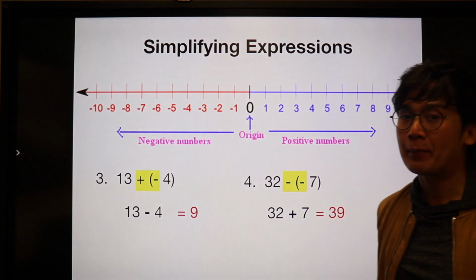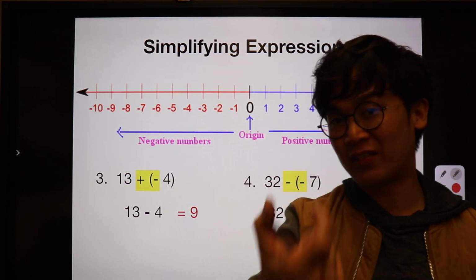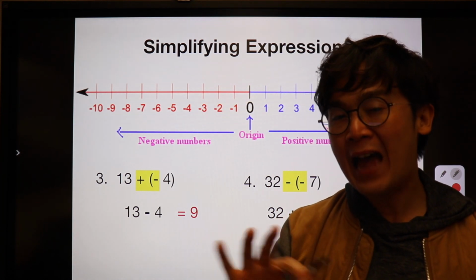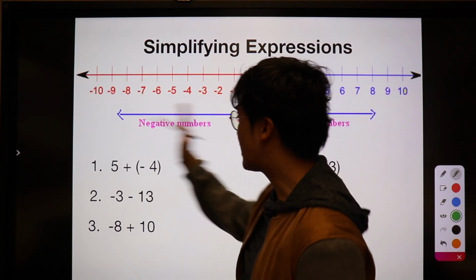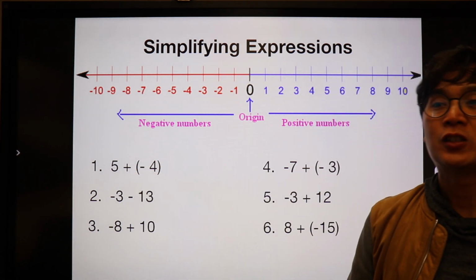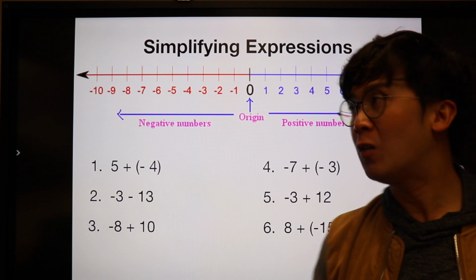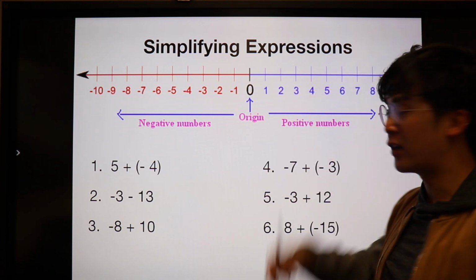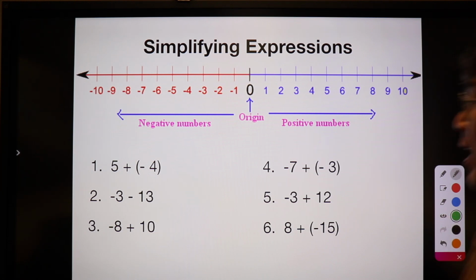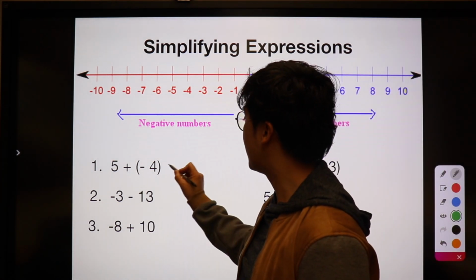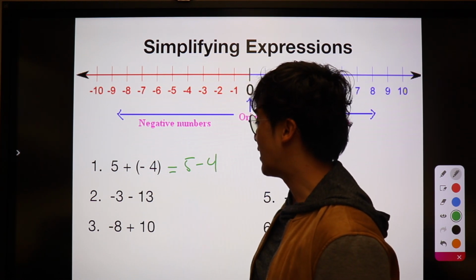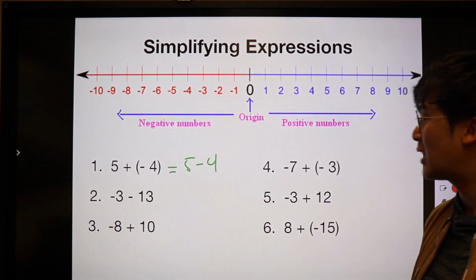And as a recap, knowing what I have given you in the techniques and strategies on how to add and subtract integers, let's see if you can answer problems number 1 to number 6. Pausing this video and answering these problems using your number line, number 1, 5 plus negative 4 will turn into 5 minus 4. This one is a negative answer. This one is a positive answer.